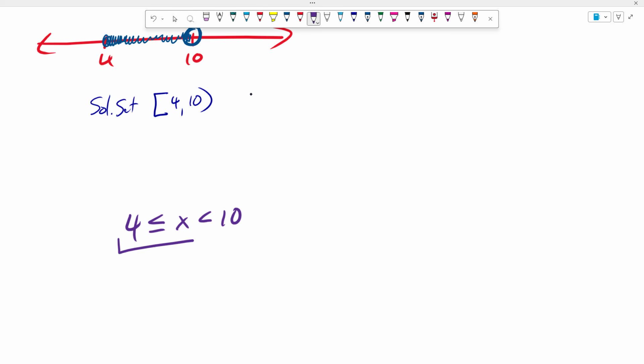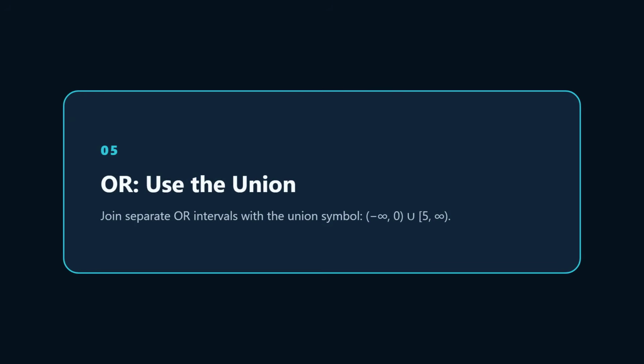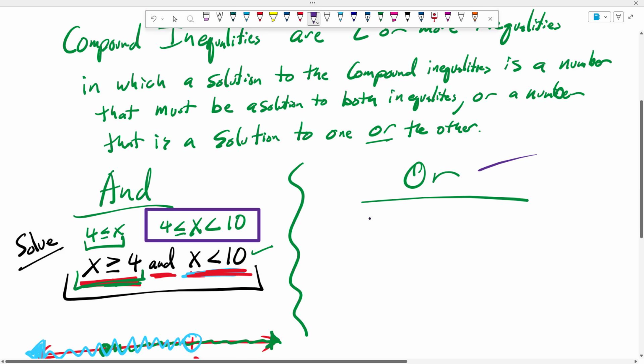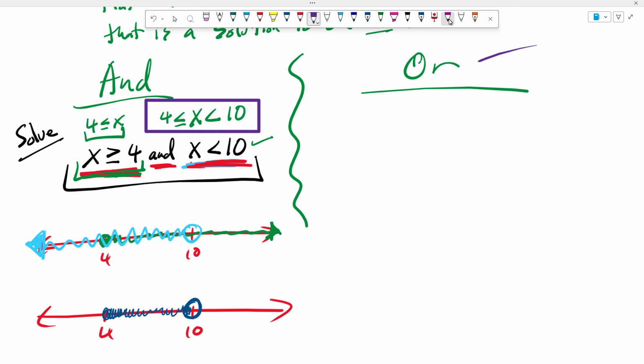It has to be a solution to this and a solution to this. Whereas OR inequalities have to be written separately, and you have to use the word OR in between. So x is greater than or equal to 5, or x is less than 0. You always see the word OR in between.